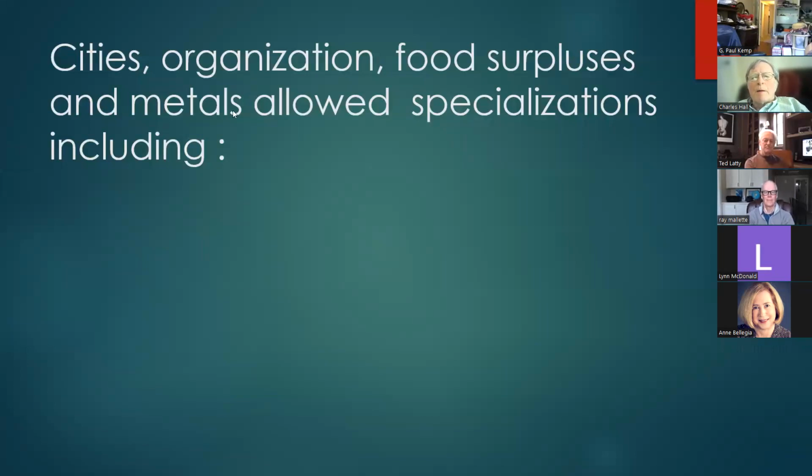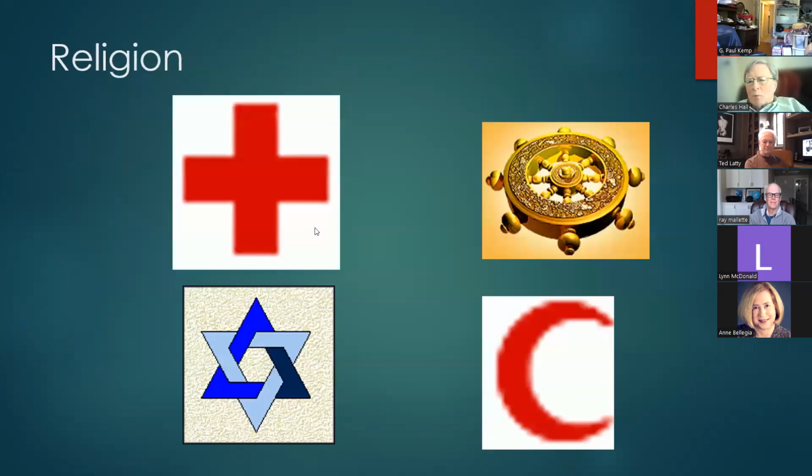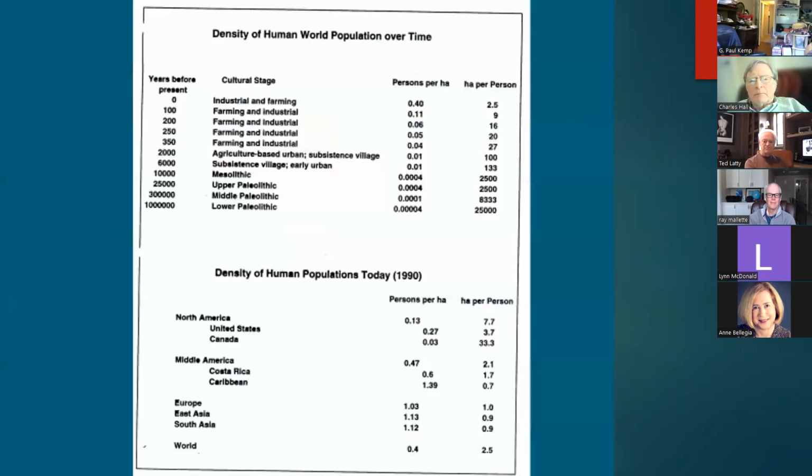So cities, organization, food surpluses, and metals allowed specializations, including war, military, religions, and the density of humans. The number of people per hectare increased enormously.